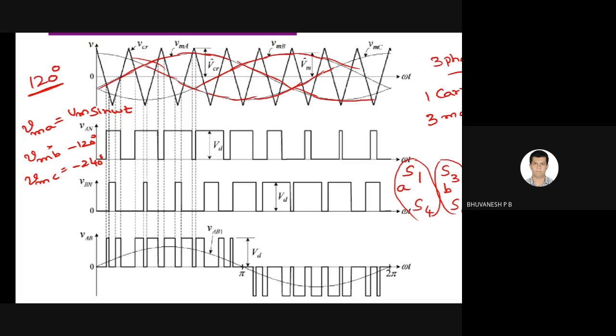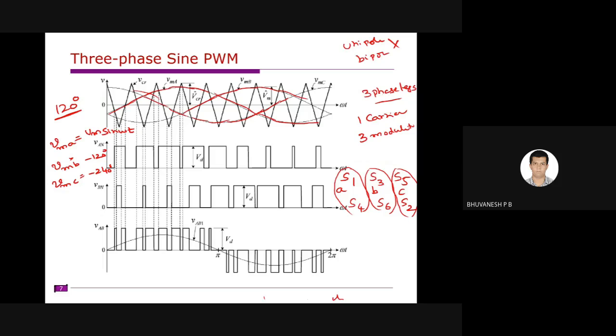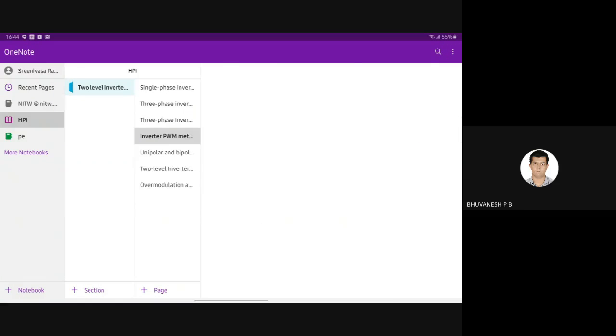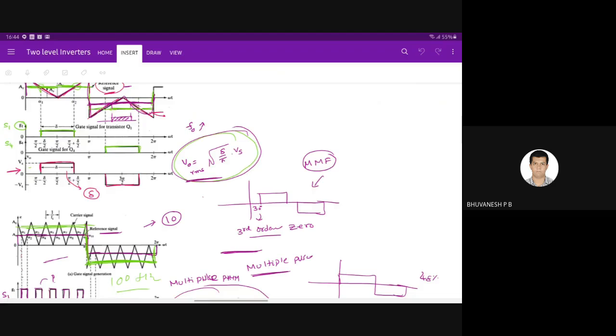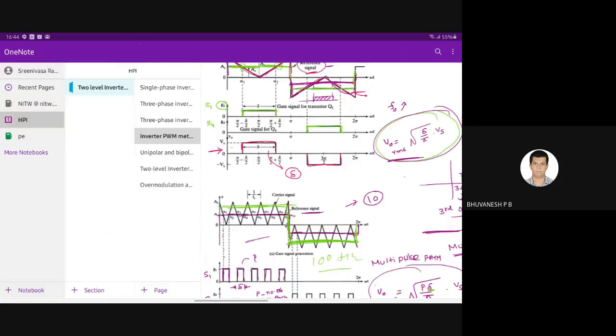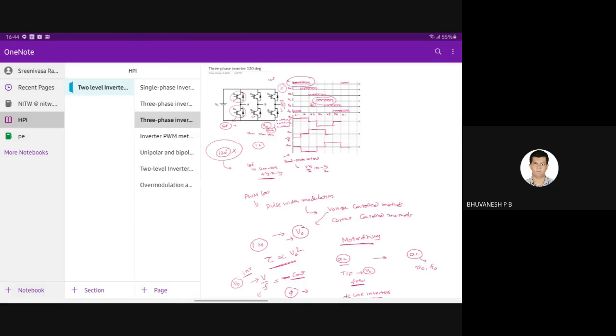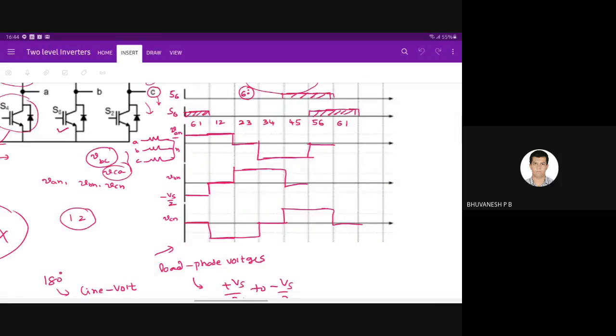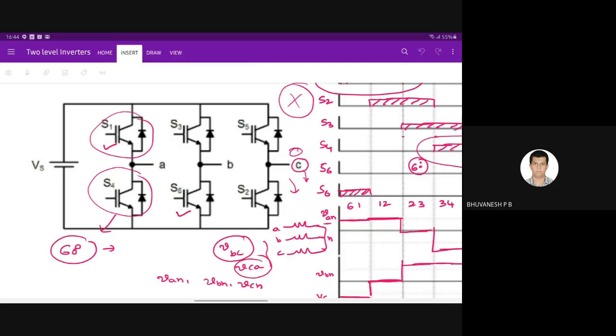Same thing in case of the three-phase inverter, right? When the upper switch is on, okay. So this is the three-phase inverter.